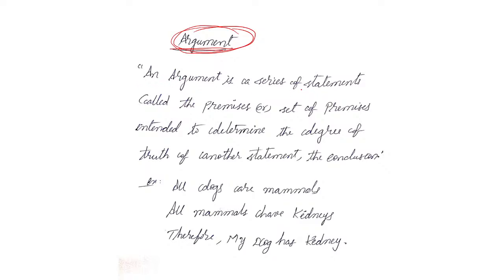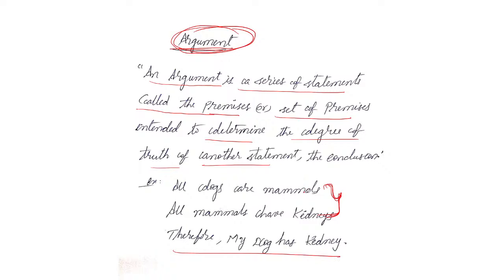An argument is a series of statements called premises, intended to determine the degree of truth of another statement. Based on these premises, we will give some conclusion, whether the conclusion is true or not.